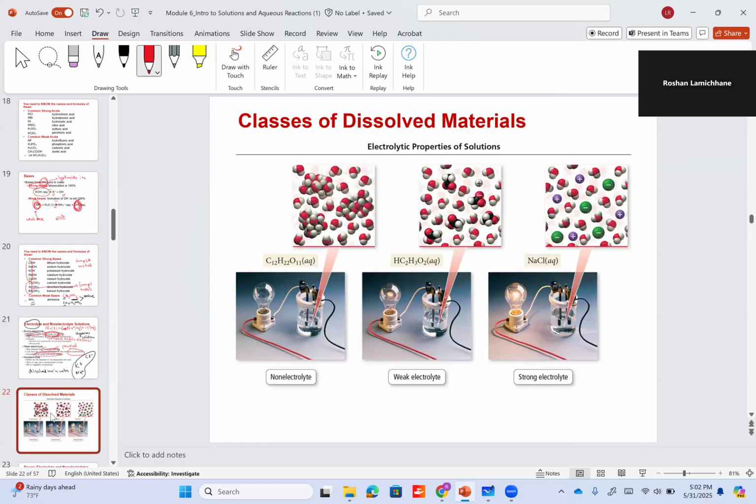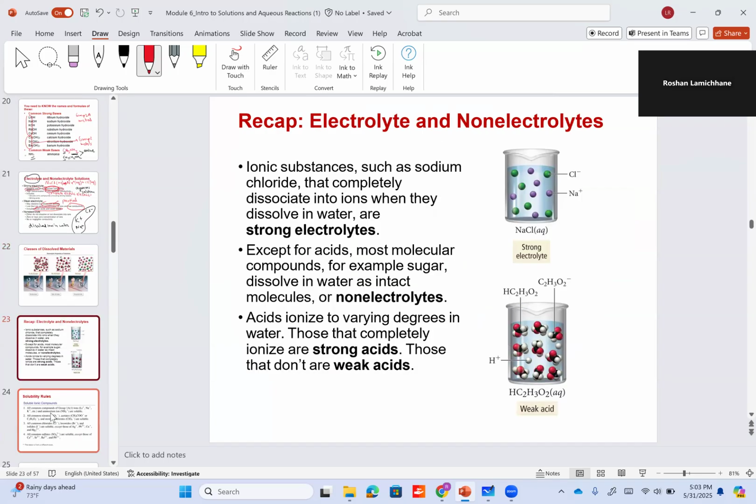I hope this picture helps you clarify some of these things. Again, this is just a recap of what I just talked about. Now it's easy to figure out which are strong electrolytes and weak electrolytes. Like I said, strong electrolytes are strong acids, strong bases, and soluble ionic compounds.